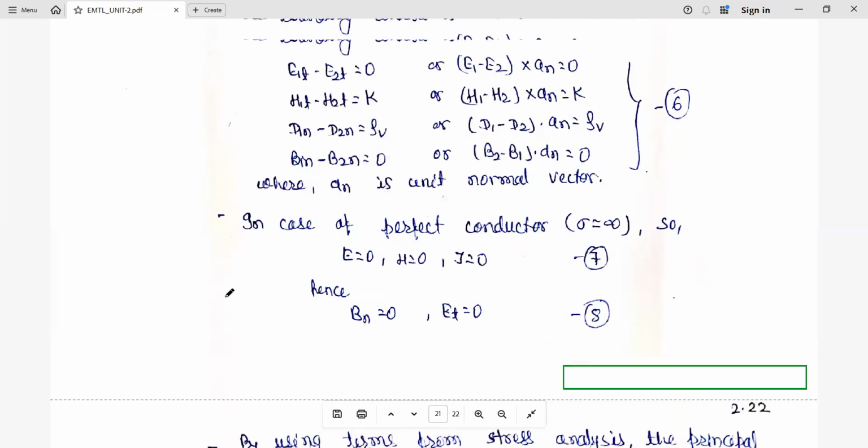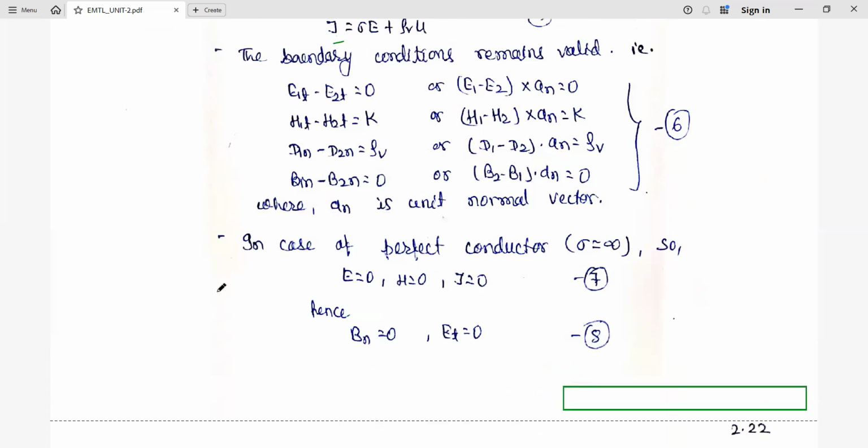Now if you see what we have seen in electrostatics and again in magnetostatics, all boundary conditions are summarized here. Here the tangential components are equal; in the magnetic boundary condition the tangential component will be equal if K is 0. The normal component of the flux density in electrostatics differs by ρS, and in the magnetic boundary condition the normal component of the flux density is continuous.